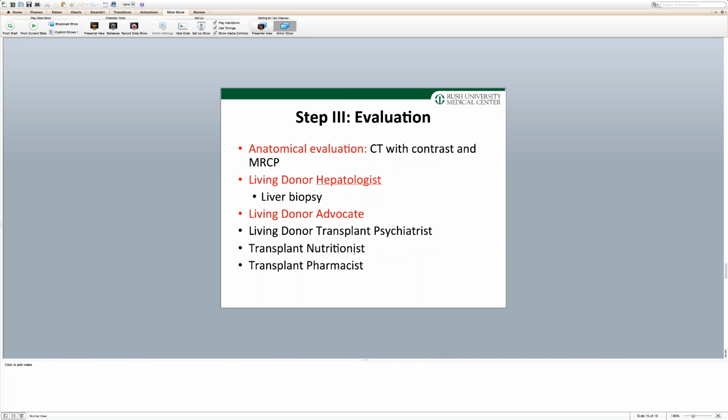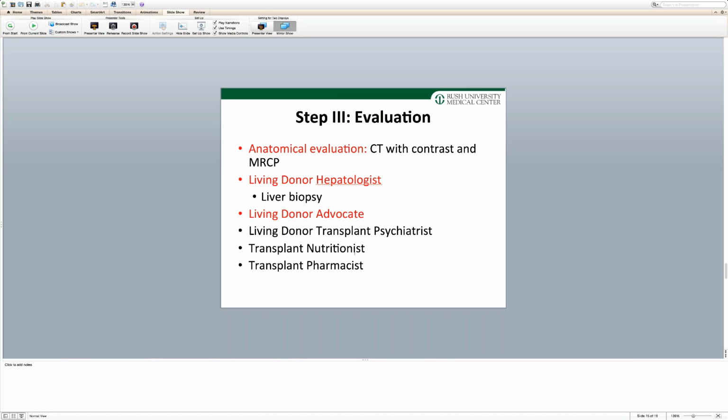During this process, the patient has a CT scan and MRCP to evaluate the anatomy of the liver, which will help the surgeon design the strategy for the surgery itself. And they will also meet with living donor hepatologists who will assess all the medical risks and the need for a liver biopsy.